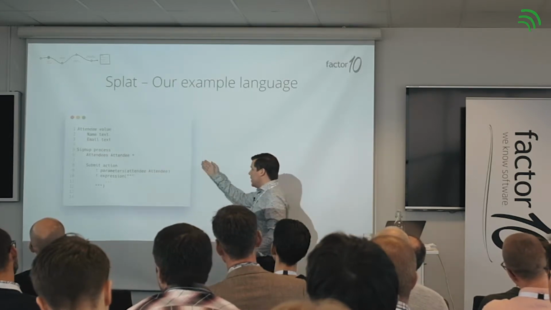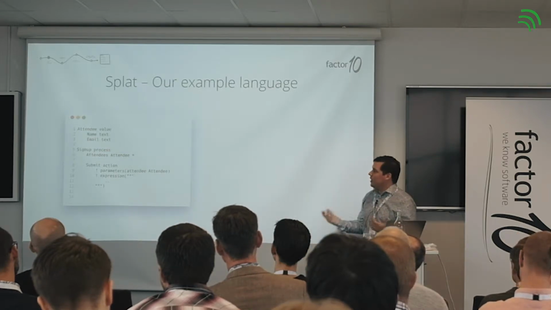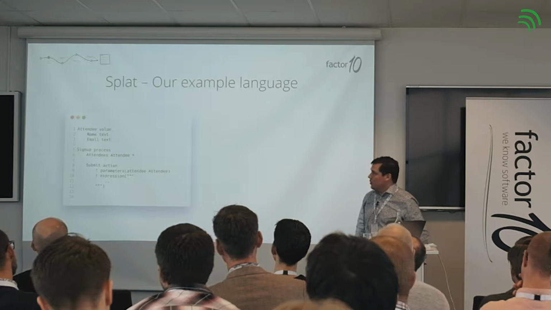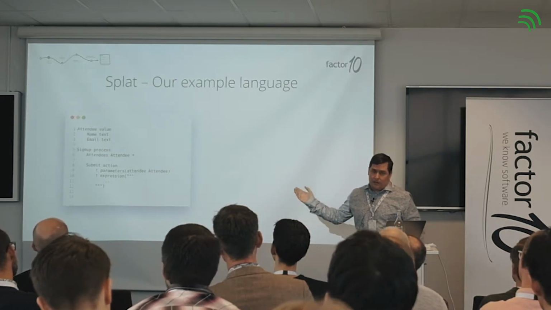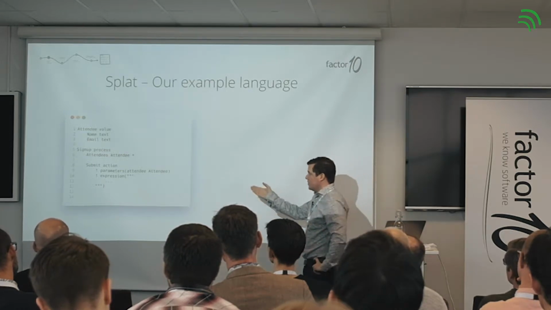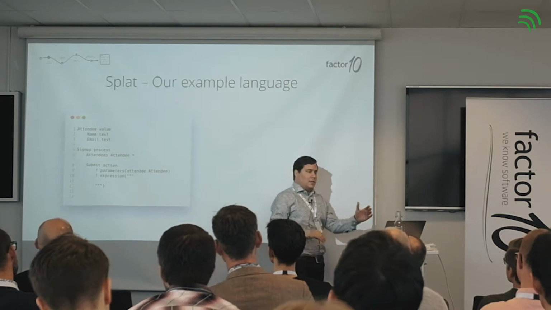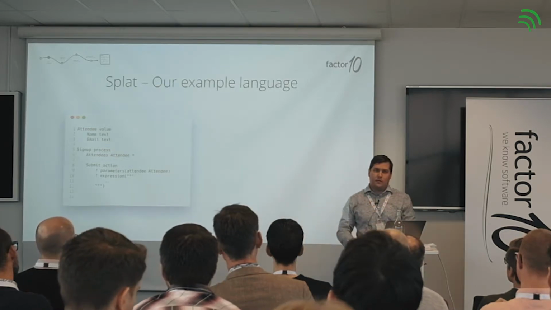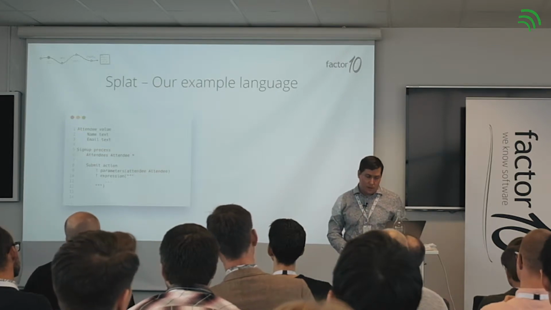So we define a value or an entity of type value at the top, which has two properties. We have a process for signing up attendees, where you can send in an attendee and then we have some expression. What this program does is not that important for the presentation, but this is what we're going to use as example throughout the talk.